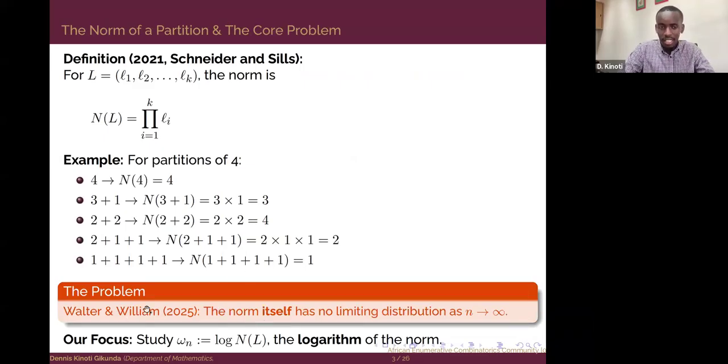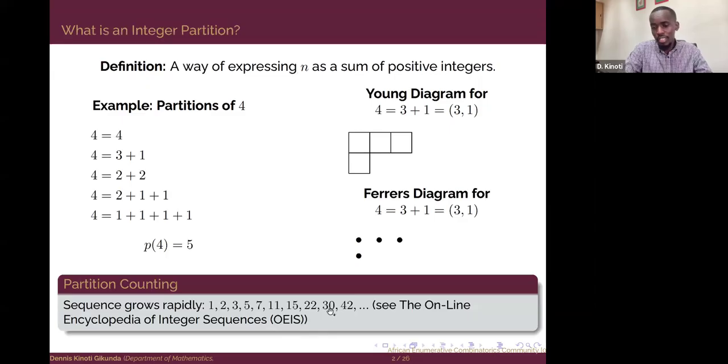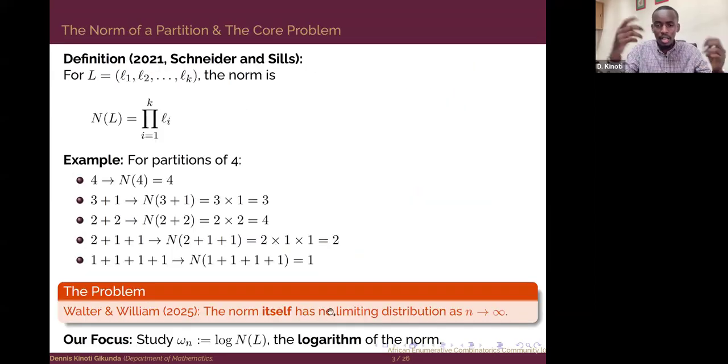At the start of this year, Walter and William published a preprint, a 2023 preprint. In this paper, they showed that the norm lacks a limiting distribution. And now in this particular work, we look at the log of the norm. The reason why the norm has no limiting distribution is, first, if you look at how rapidly growing our sequence is, you can imagine what happens to its norm. It grows in a more rapid way.